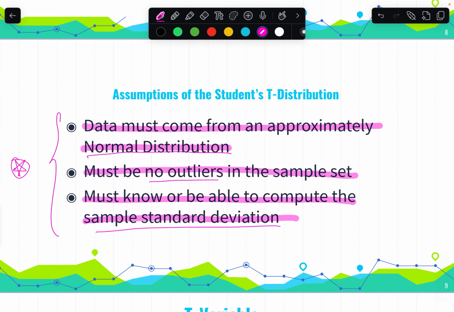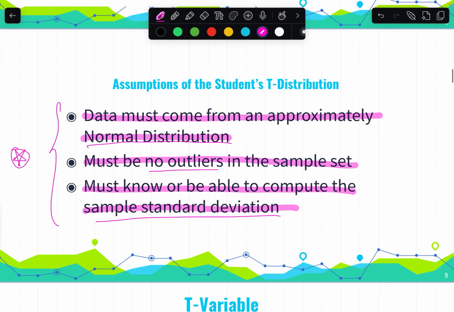But if you don't know it, there's no way that you can really use this kind of method. And in the real world, it makes more sense that you can calculate the sample standard deviation because you have the sample right in front of you. You have all the data in front of you and you can find it. So this last assumption is actually probably the easiest one of these 3 to figure out, at least when you have the raw data given to you. Okay, perfect.